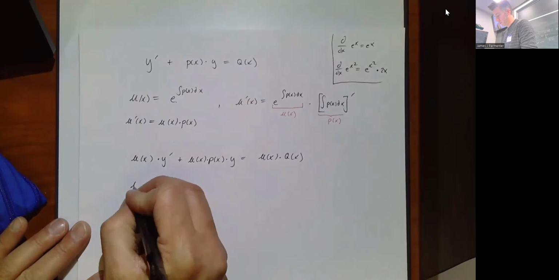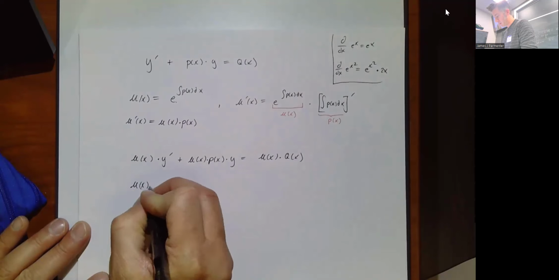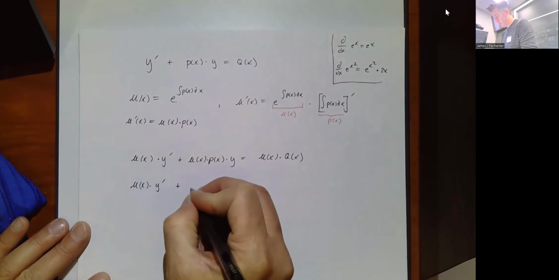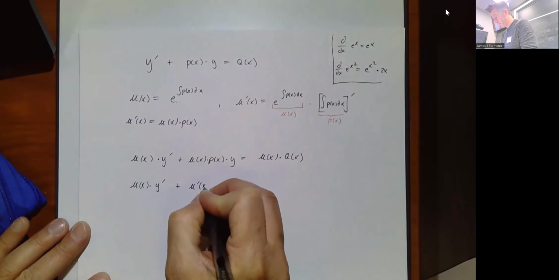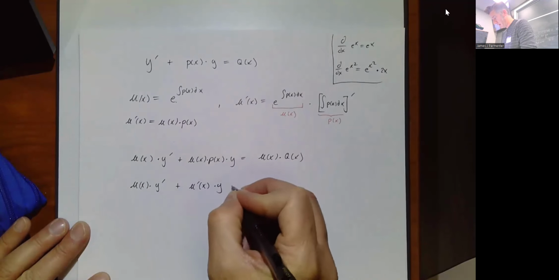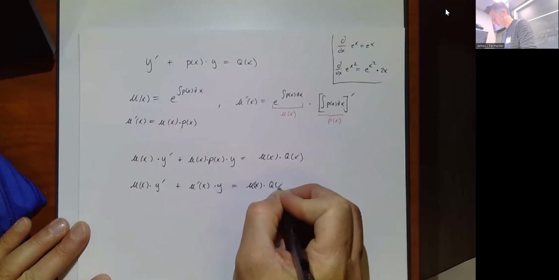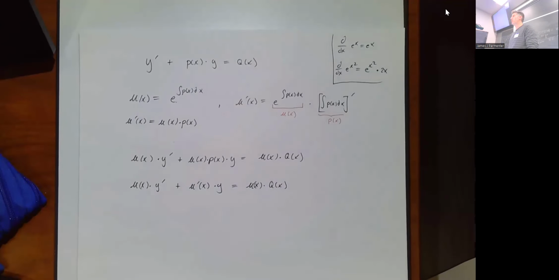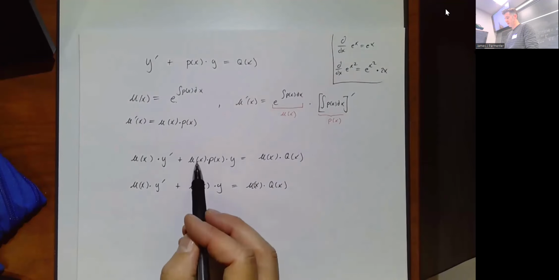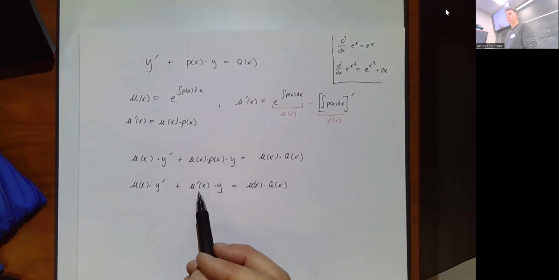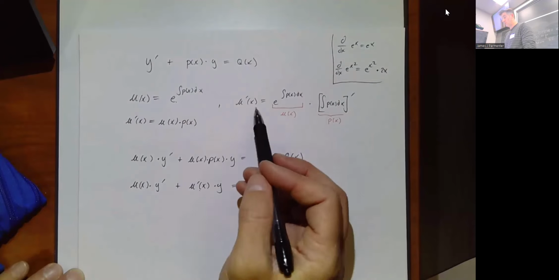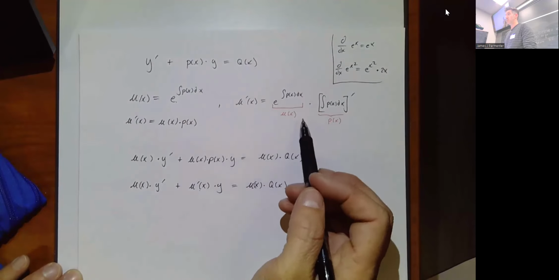I'm going to have mu of x times y prime plus mu prime of x times y equal to mu of x times q of x. What did I do? I replaced the mu of x times p of x with mu prime of x because we literally showed that they're equal to each other, right?